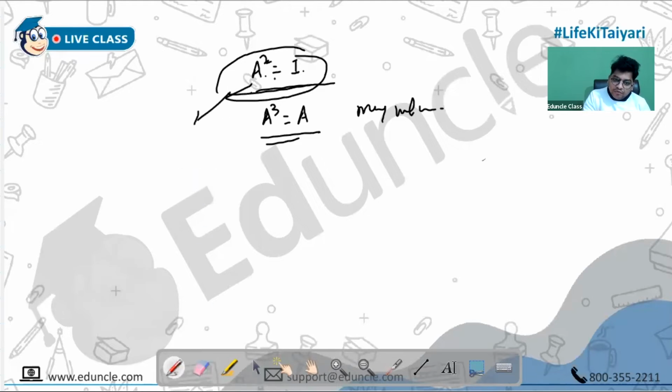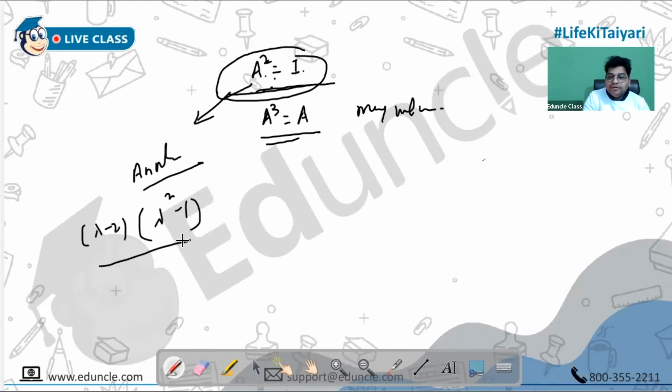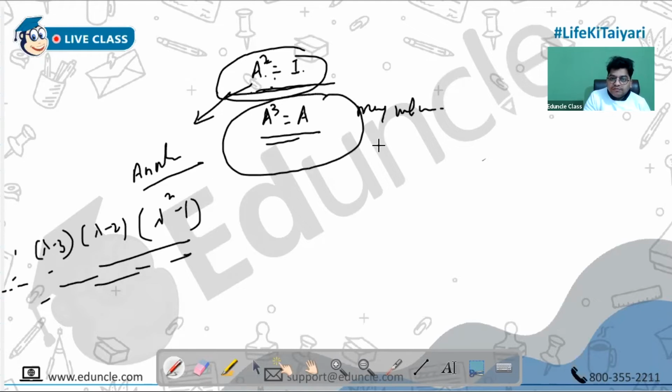Yes, I have told you yesterday, if this is an annihilating polynomial like lambda squared minus 1, and you multiply it by lambda minus 2, this is also annihilating. Lambda minus 3, this is also annihilating. So all these are annihilating. Yes or no? So you cannot find the characteristic equation from here, but you can tell that lambda squared minus 1 is an annihilating polynomial.